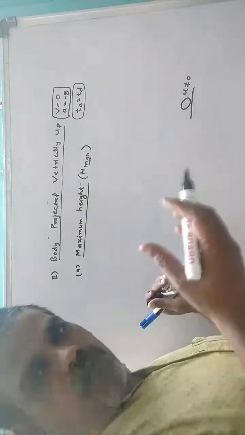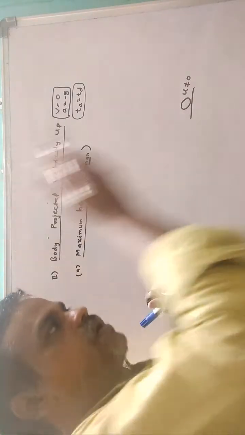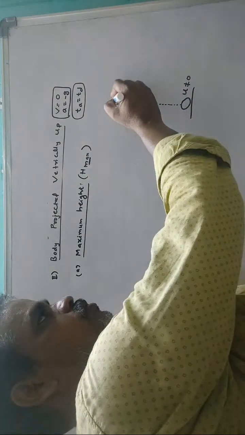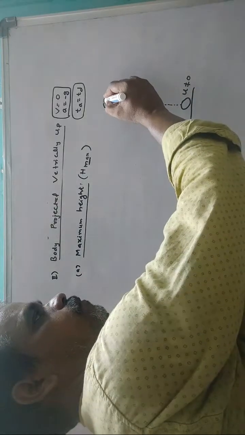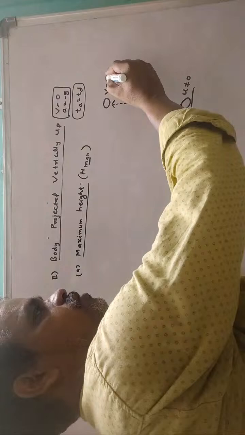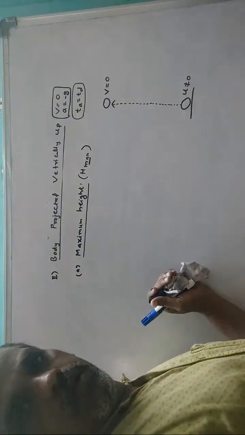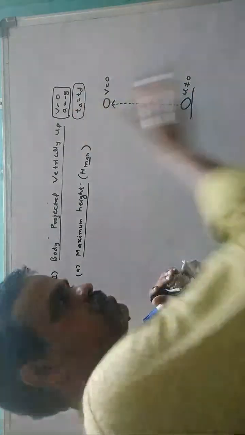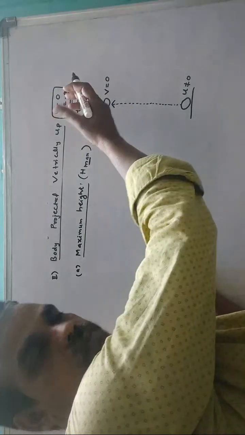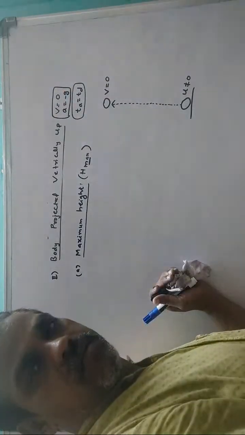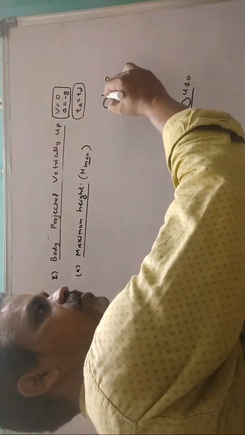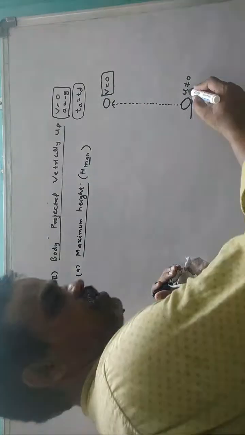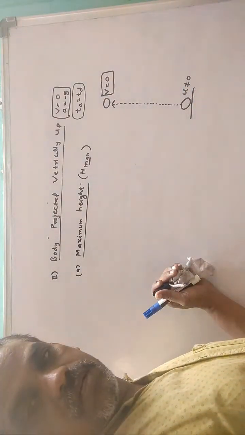We are giving some velocity to the body to reach maximum height. So we are projecting, it is going up, it is going to maximum height. Here the final velocity of the body will be 0. You just observe clearly. The body starts with some velocity. We are projecting up. It is going to maximum height. When it reaches maximum height, the final velocity of the body is equal to 0. Here initial velocity is not equal to 0 in this case.